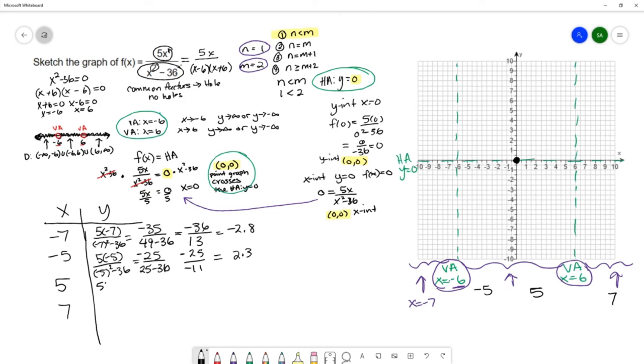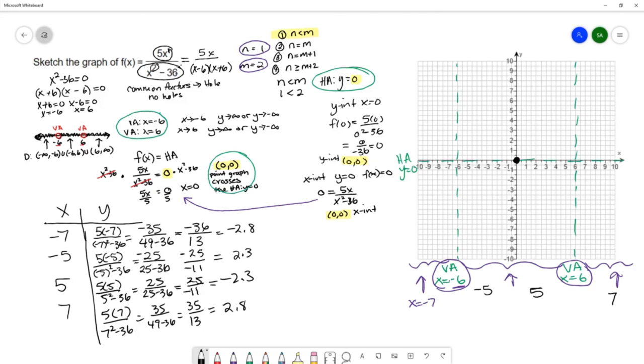We have 5 times 5 over 5 squared minus 36. It's 25 over 25 minus 36. 25 over -11. We have -2.3. Last one, 5 times 7 over 7 squared minus 36. That's 35 over 49 minus 36. 35 over 13 would give me a positive 2.7.